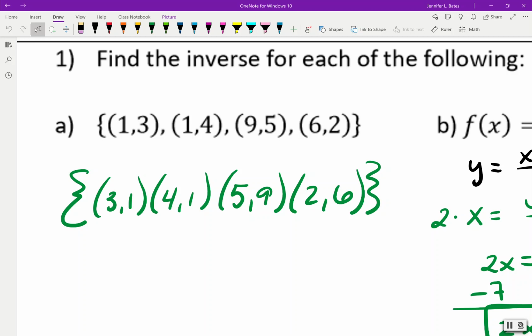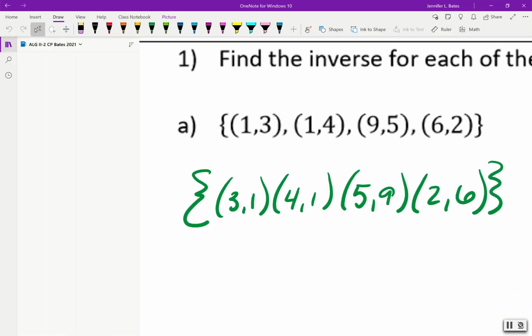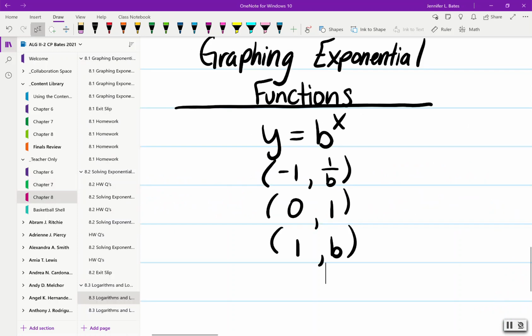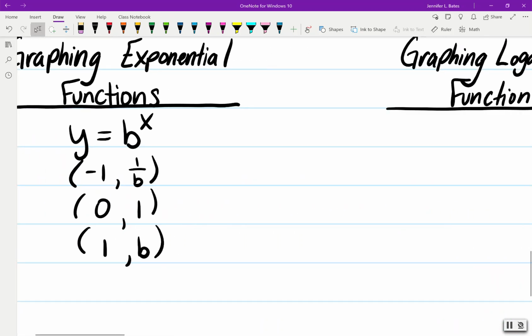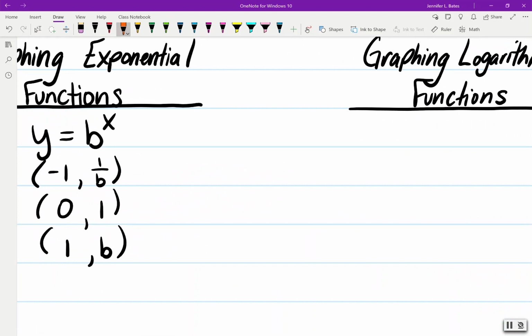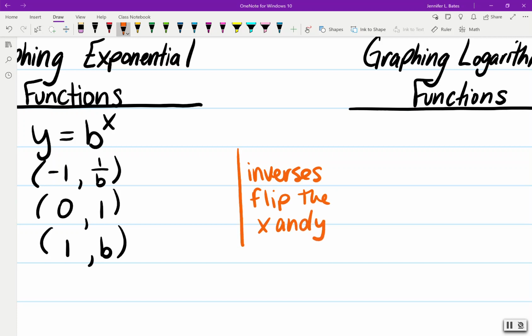Now, we know that exponentials and logs are inverses. So if I come back over here, I can say inverses flip the x and y.